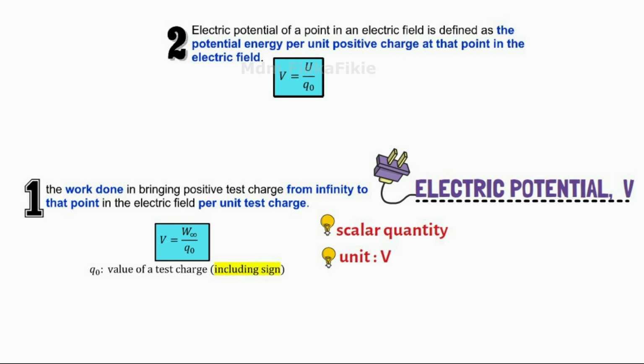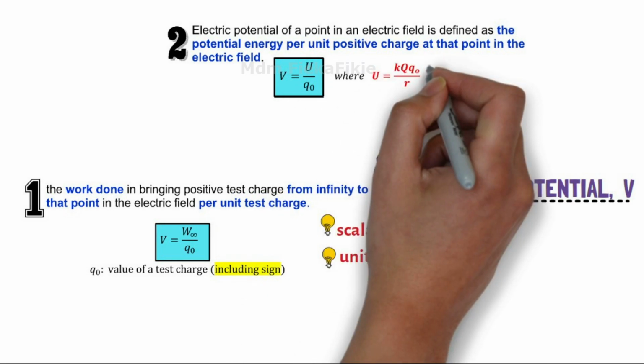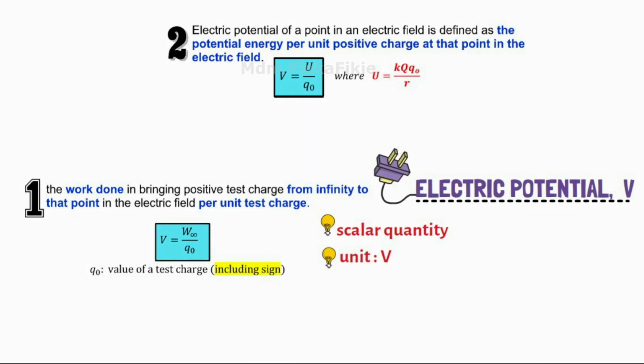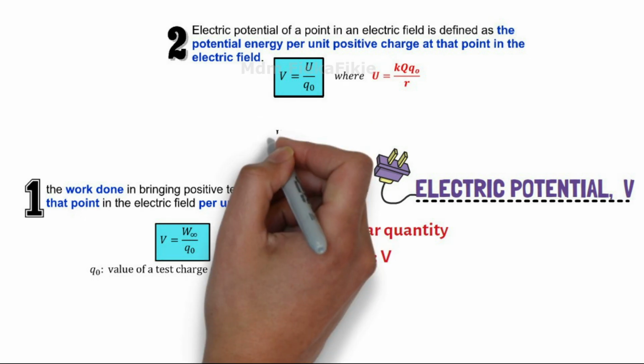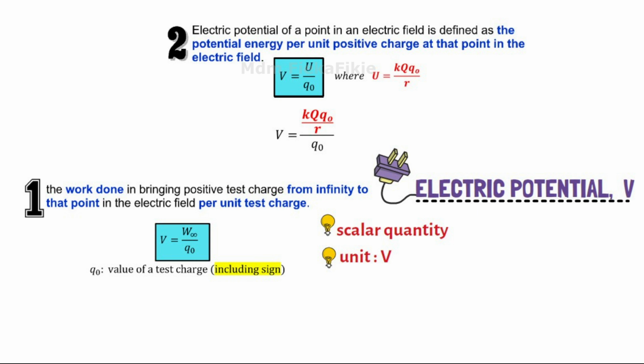Before we discuss about potential energy, given that the equation of potential energy is U equal to KQ Q naught over R. Kena ingat, when we substitute U in equation of electric potential, we can cancel Q naught.